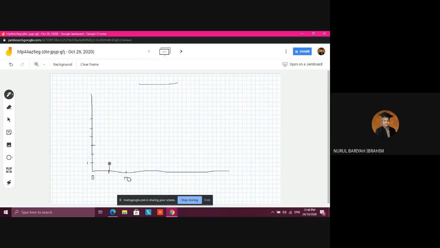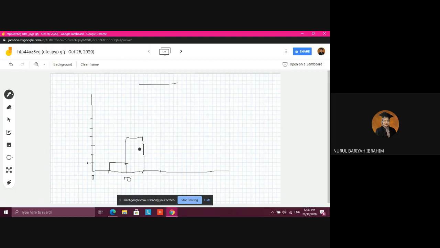Okay, the first one. Okay. This is the first bar. Right, 0 to 5. Next one, 10 to 15. Here. Okay, the value is 4. So, here. Okay, the next one is 15 to 20.